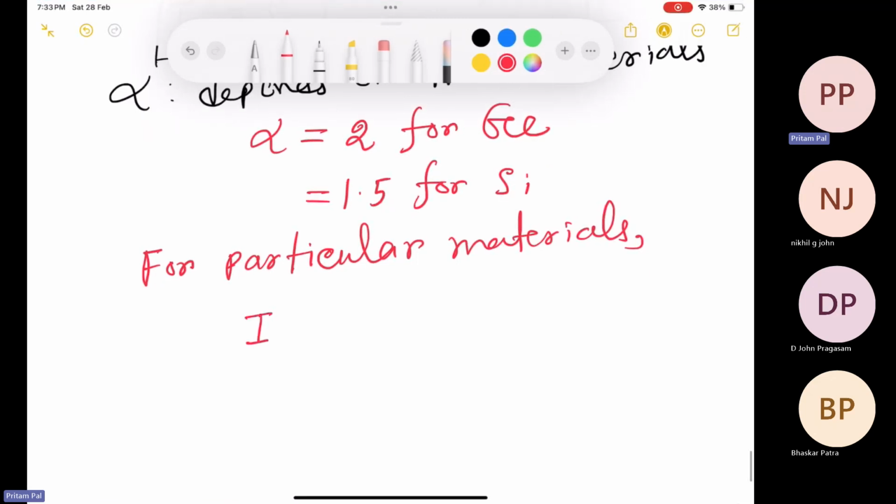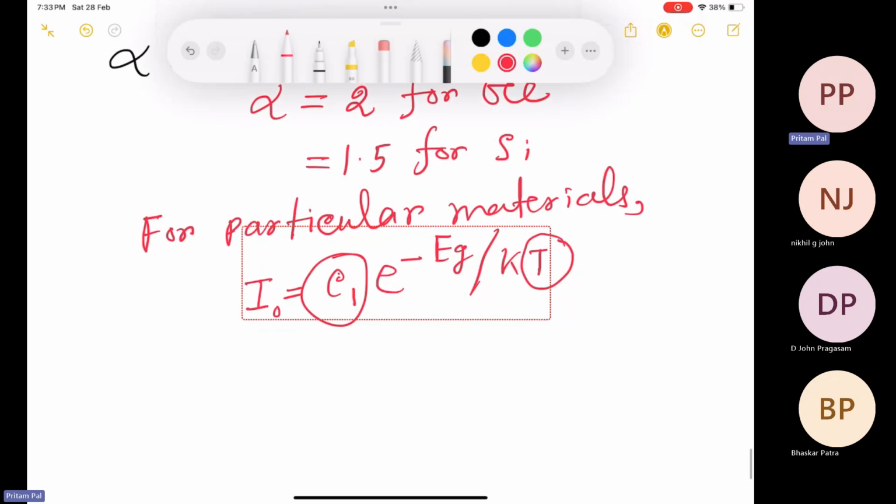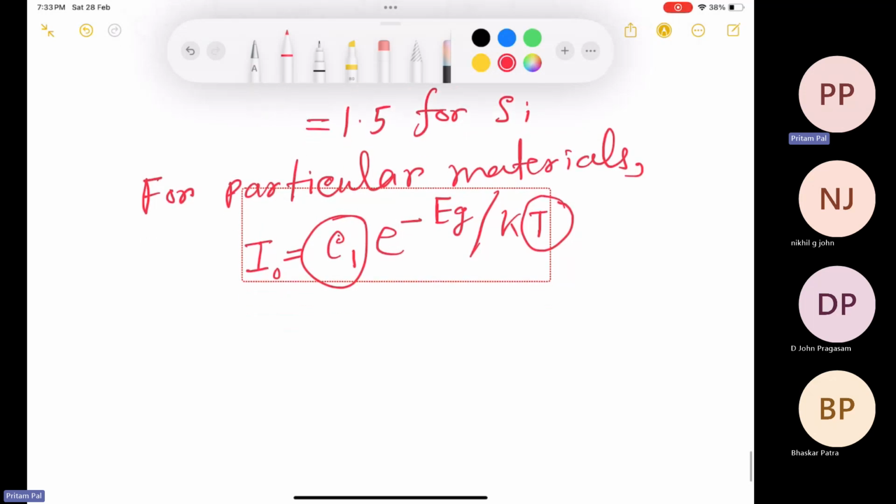So we can write I naught equals C1 times e to the power of minus Eg by kT. So the reverse saturation current depends on the temperature, and the second parameter is a material dependent thing, which is C1.